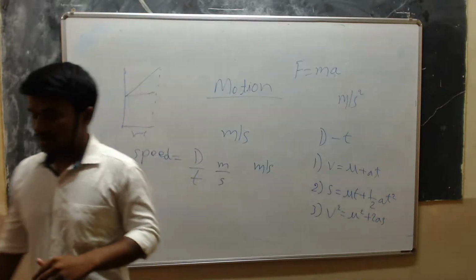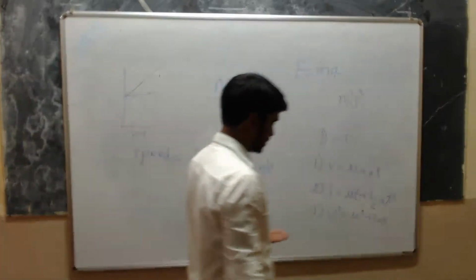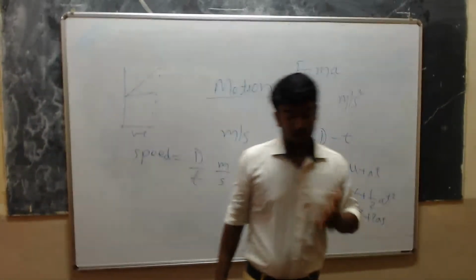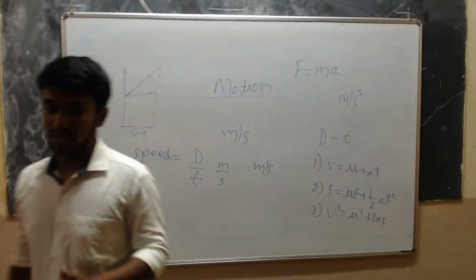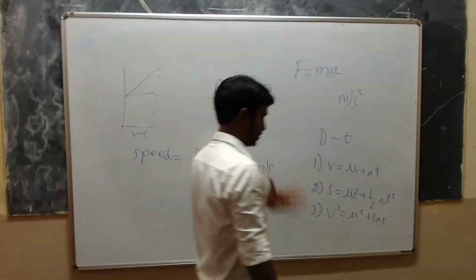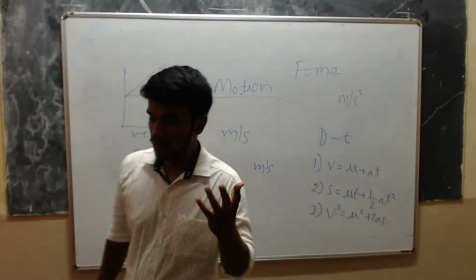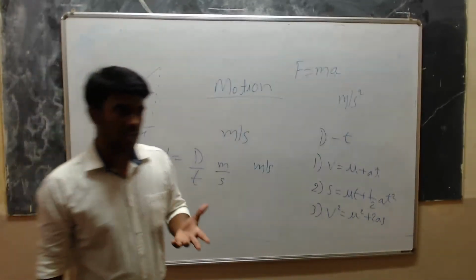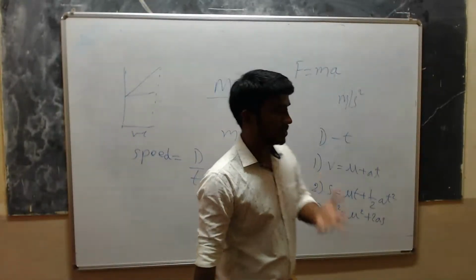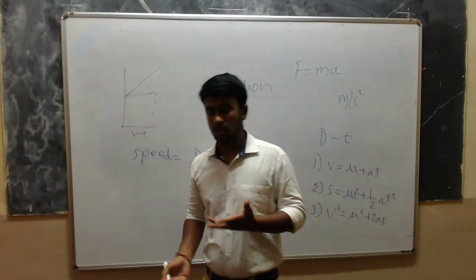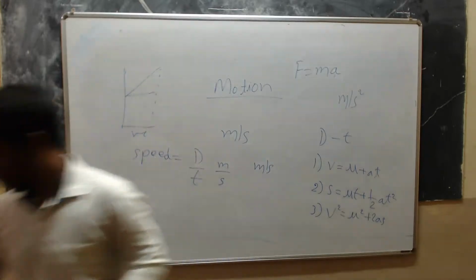In the third chapter, we studied the universal law of gravitation. Already you know that statement: in this universe, every object attracts every other object. That force of attraction is directly proportional to the product of their masses and inversely proportional to the square of the distance between them.